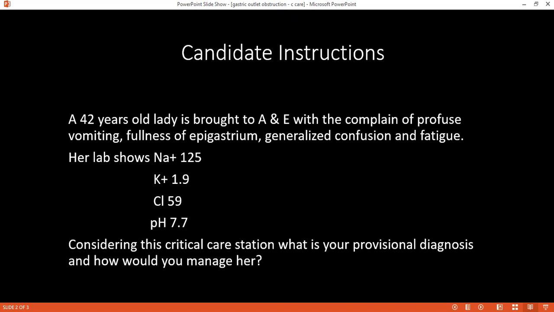Monitor the patient with ECG, blood pressure, and pulse.